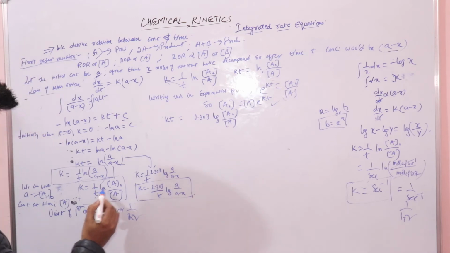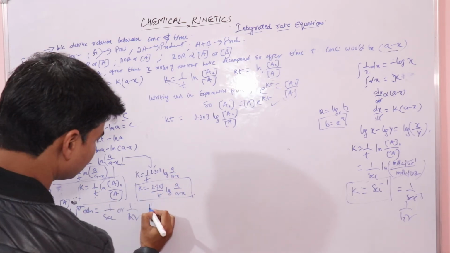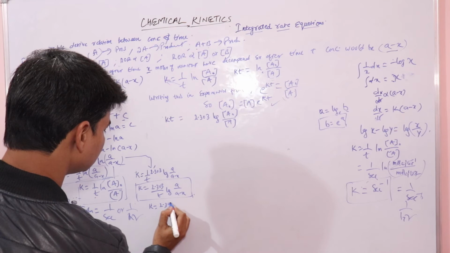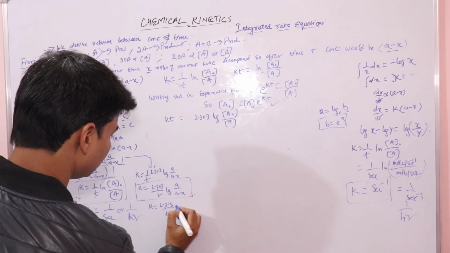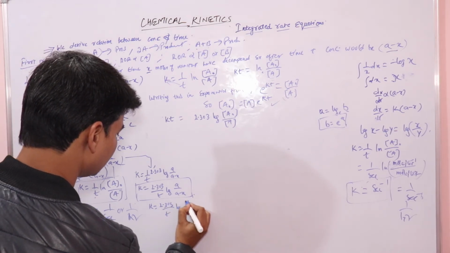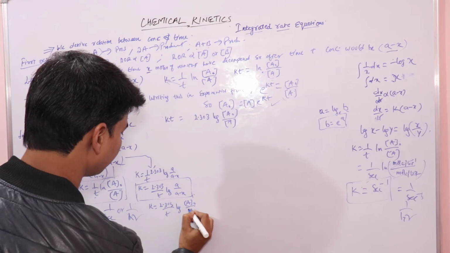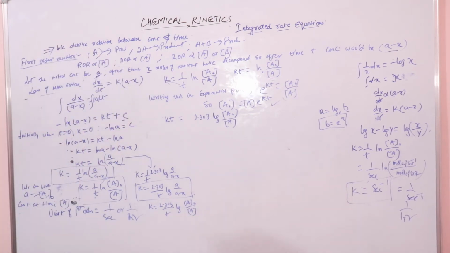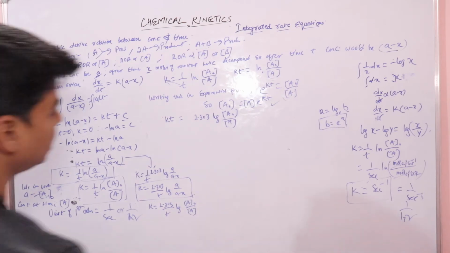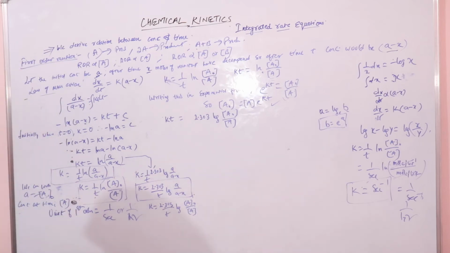So here also we can put 2.303, or k is equal to 2.303 upon t log of A0 upon A. This is it, right? So I'll change this equation and give it a straight line form.